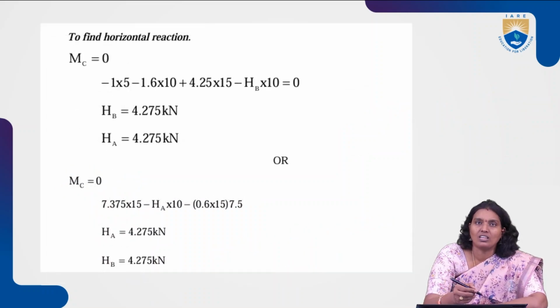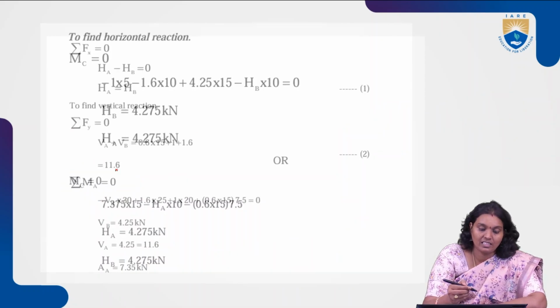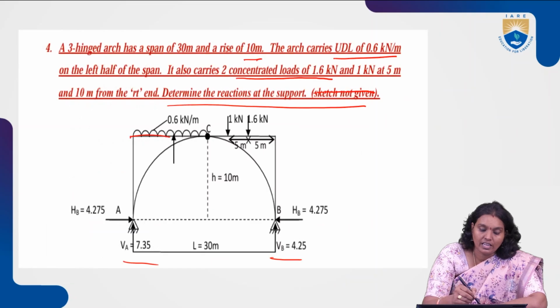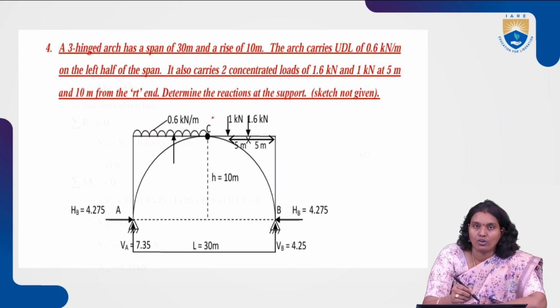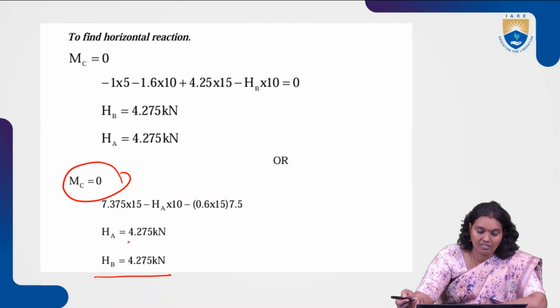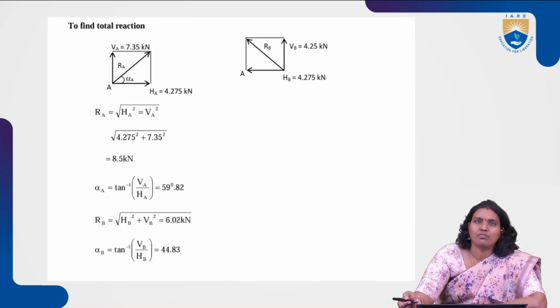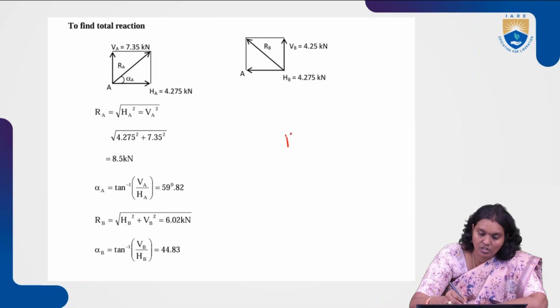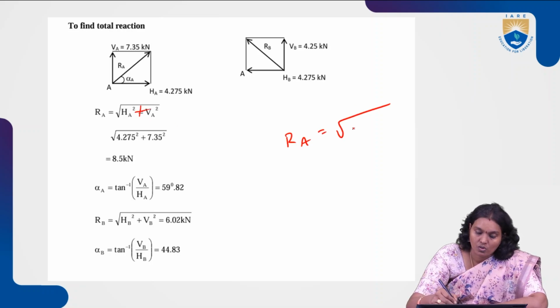For the horizontal reactions, we are going to find out the moment at C. Here this is the 3-hinged arch, so we find out the moments at C also. Find out there also; the horizontal and vertical reactions are similar. For finding the total reactions, we know this formula: the square root of HA square plus VA square.